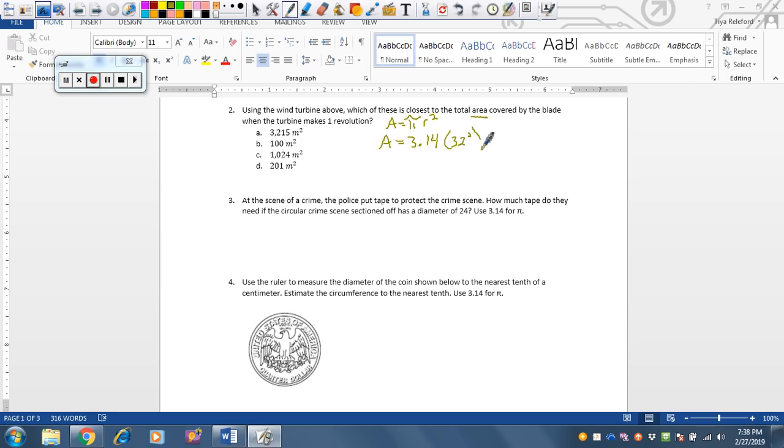Now don't forget, 32 squared is 32 times 32. Hit pause and finish that. As you can see, there's no decimals in the answer. You might try to solve it with 3 for pi instead of 3.14.